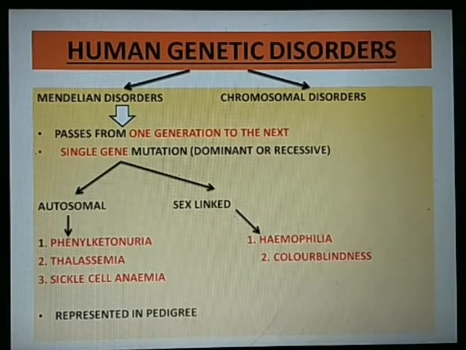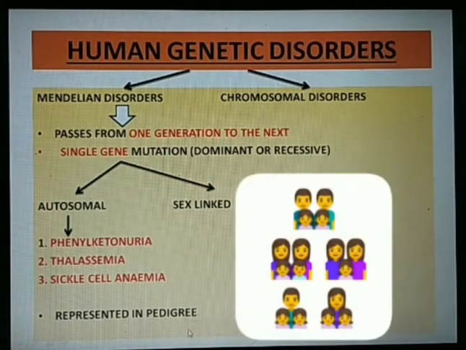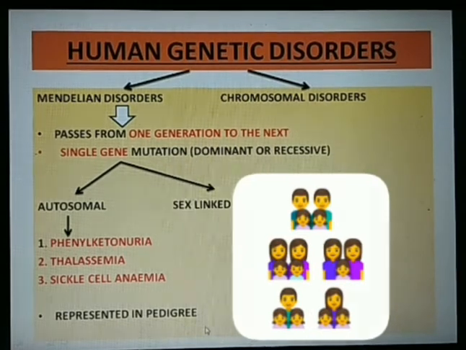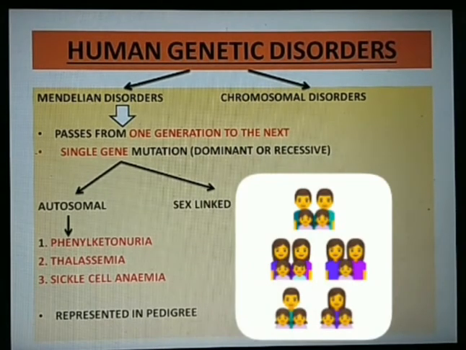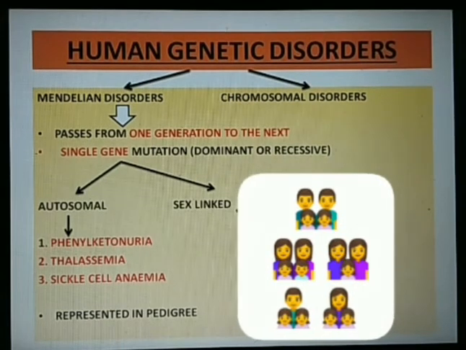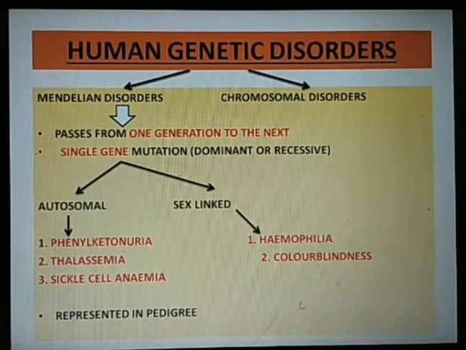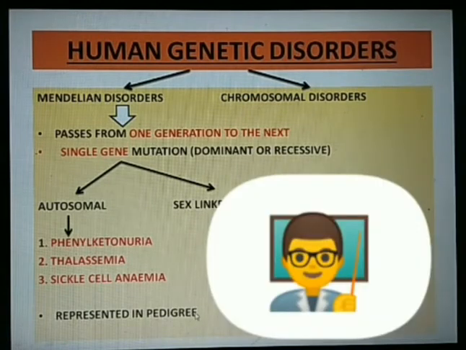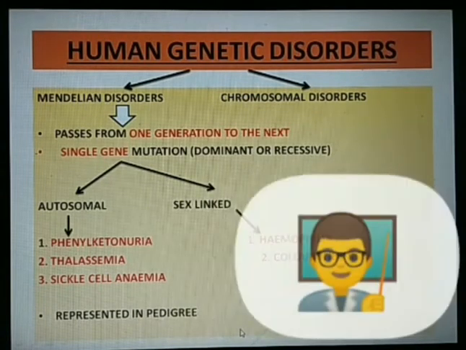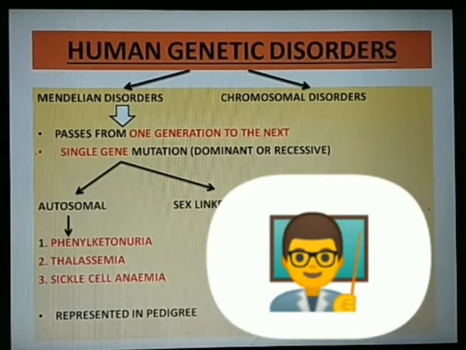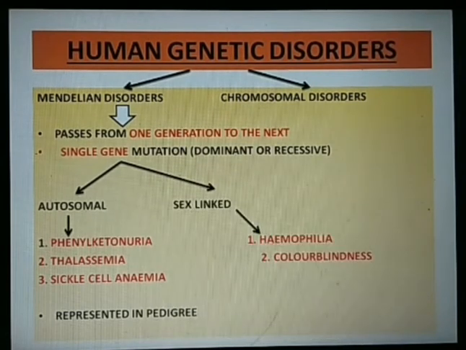The inheritance of Mendelian disorders can be represented in a pedigree chart, as they are transferred from one generation to another. By knowing the nature of the defect, appropriate steps can be taken to minimize, and also to counsel the couple in order to eliminate these disorders.